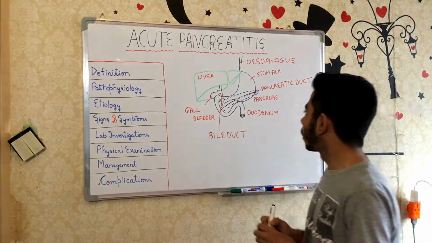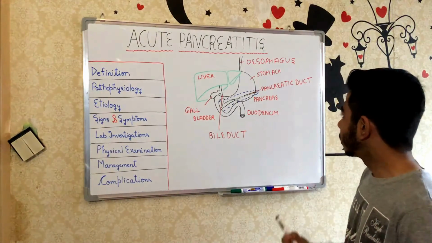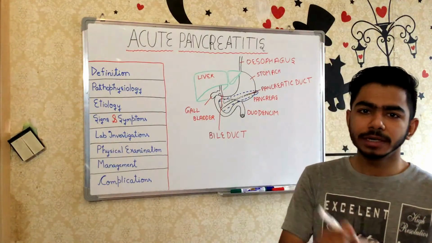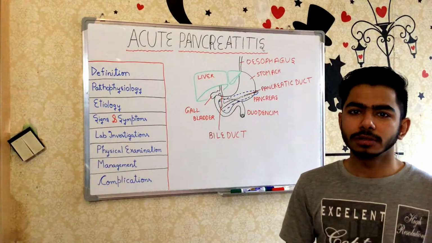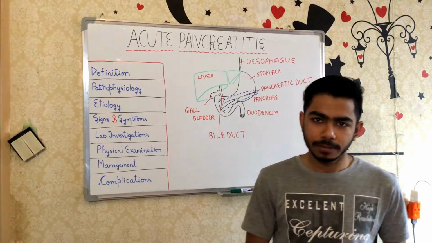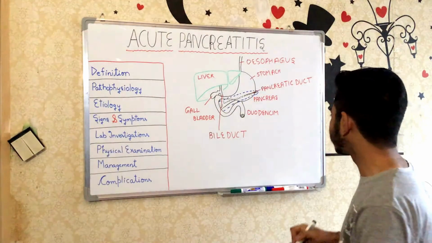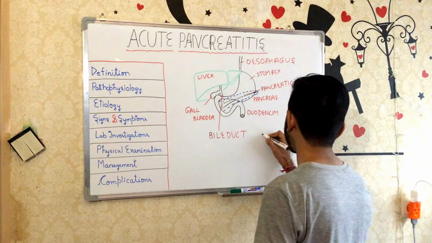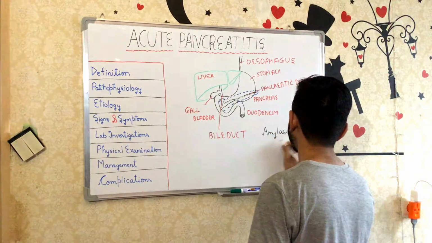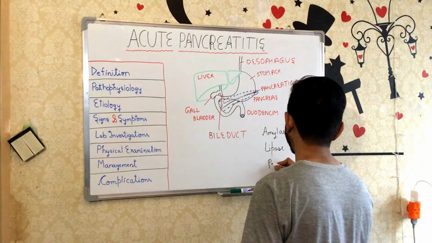Now, how is the exocrine function performed? The pancreas secretes its enzymes into the pancreatic duct for the proper digestion of our food in the small intestine, or you can say in our gut. So what are these enzymes? These enzymes are amylase, lipase, and proteases.